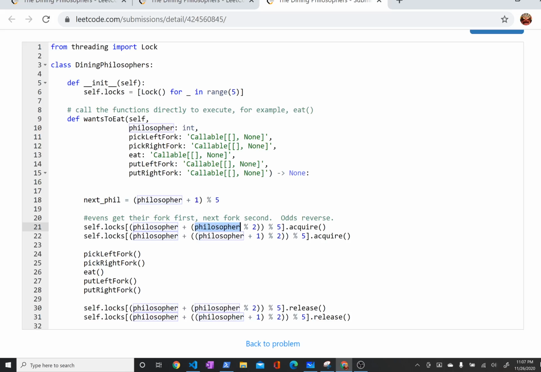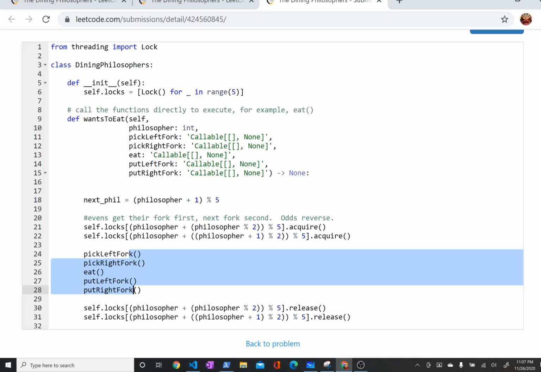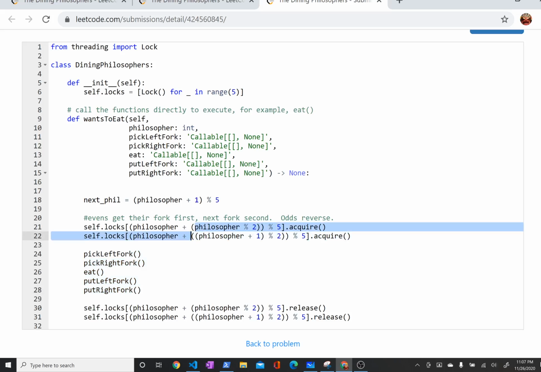And then they just follow the same sequence of picking up their forks, eating, putting their forks back down, and then releasing their locks, the same locks they grabbed. So yeah, maybe this is a little simpler, but maybe it's a little harder to imagine how execution simultaneously happens with 5 threads.